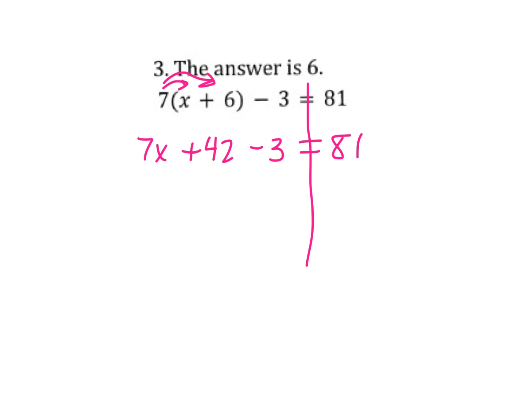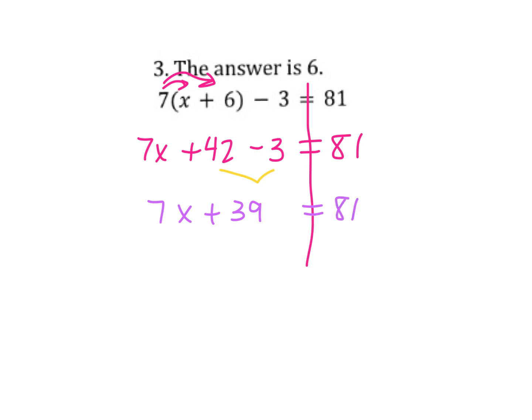Next, we look to see if there's any like terms, and I do see right here a +42 minus 3. We can simplify that. So +42 minus 3, that will give us 39. And we still have 7x, 39, and 81.